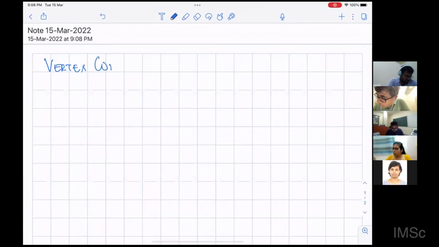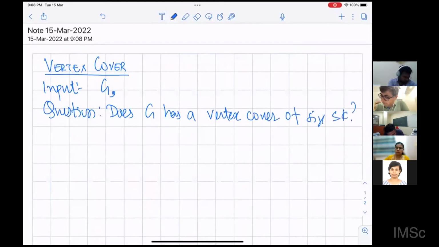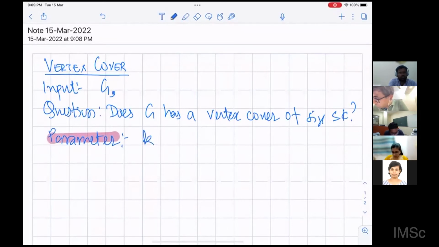First, the input is a graph G. The question is, does G have a vertex cover of size at most k? And the parameter we were looking at was k, the solution size.